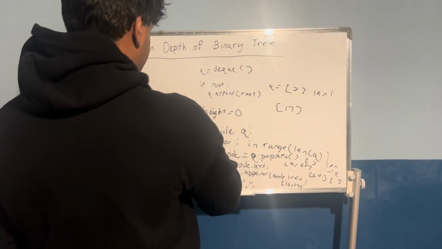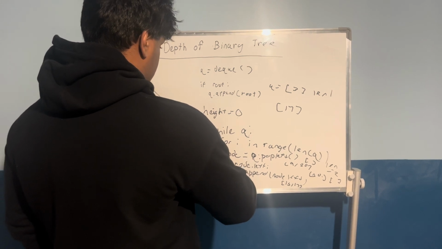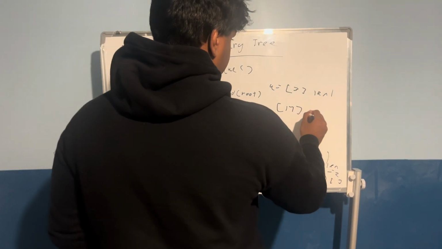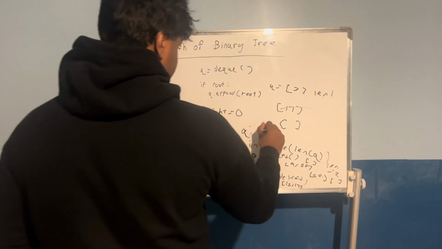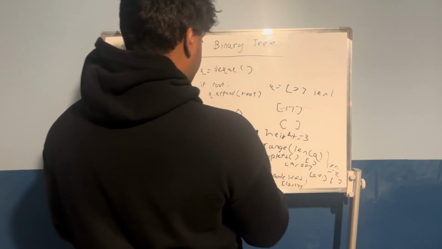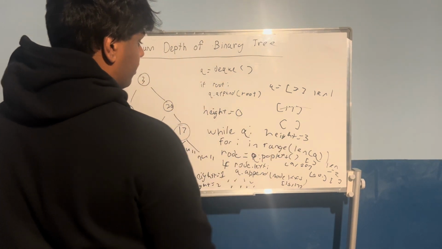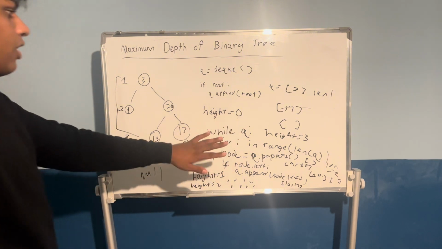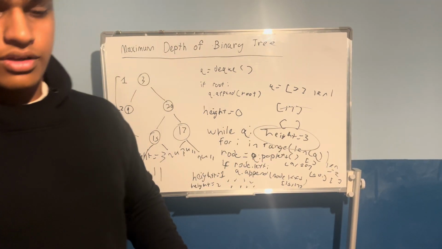We look at the 17, there's no left or right to the 17, it's null. So we pop this, it's gone. We add one more to the height, so height would be 3. Since the queue is empty, the length is 0, so we go back to the while loop. There's nothing in the queue, so the while loop stops. And we ended up with the height, which is 3.